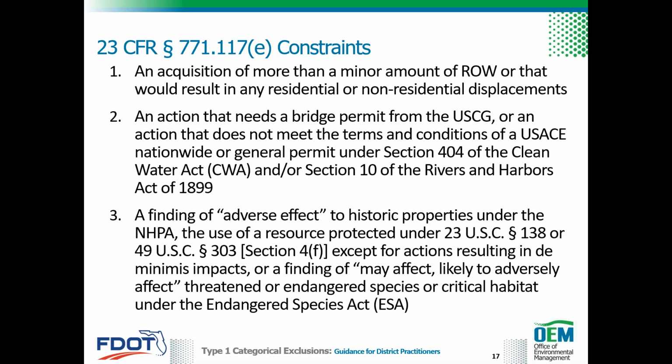Now, if those C-list projects, 26, 27, and 28, do not meet the 6 constraints listed under Section E, then they're going to need to be identified as a D-list number 13 rather than C-list actions and require consultation with OEM.